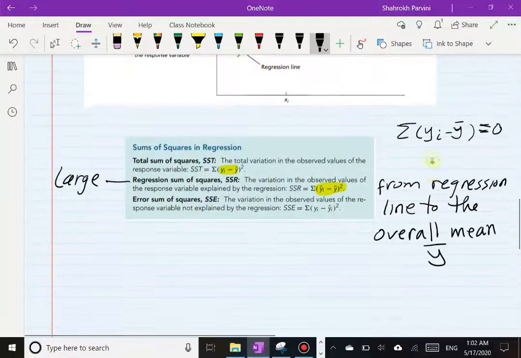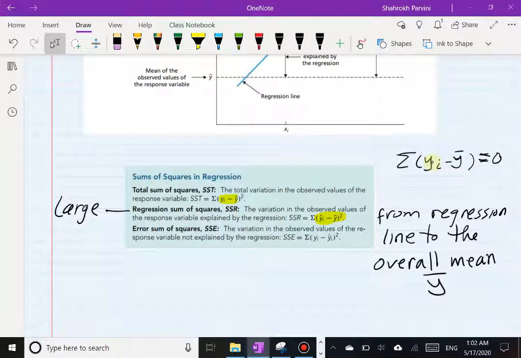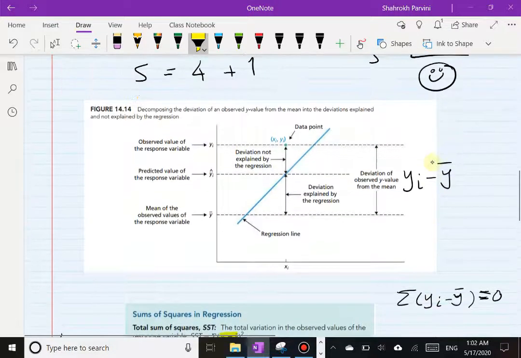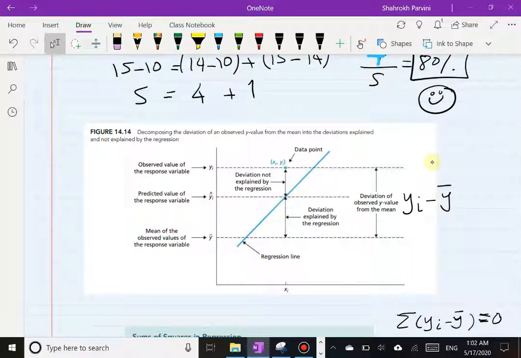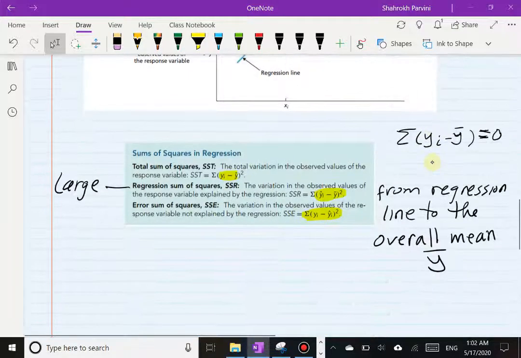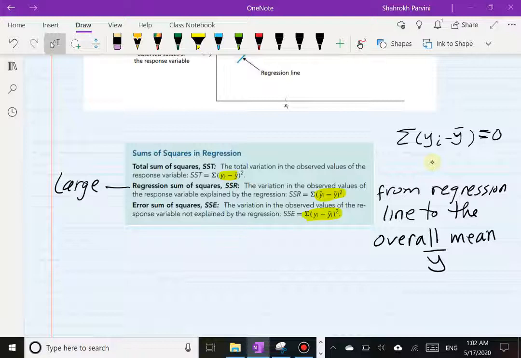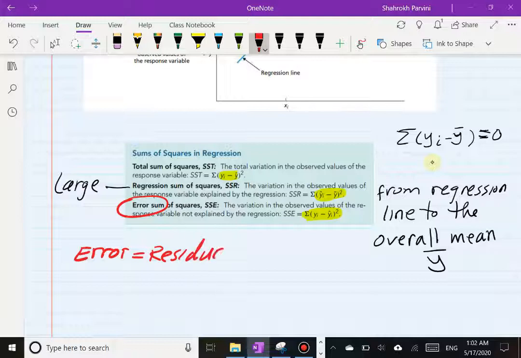Now this portion, which is called error, that's the other part of that deviation, yi minus y hat i. Okay, let me go back up here, and yi minus y hat i is actually this distance right there. That vertical distance. That's what they call the error or unexplained variation, and that's the error sum of squares. Now some call it error, some call it the residual, and some informally call it the miss, how much you actually missed it.